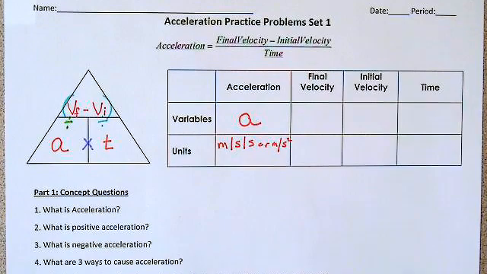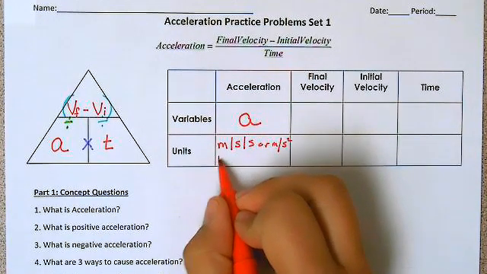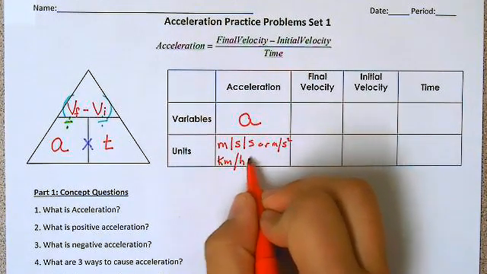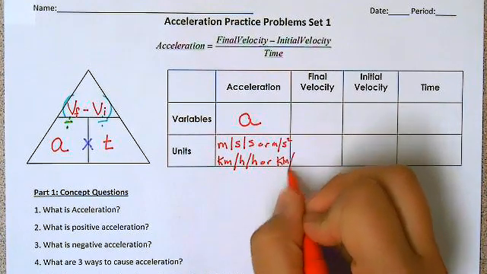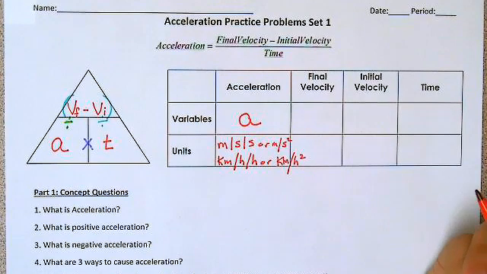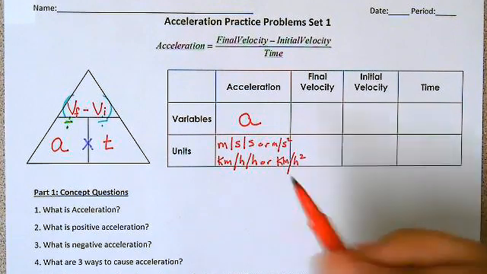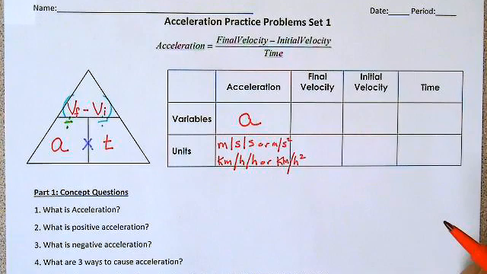It could be kilometers per hour, also written kilometers per hour squared. Or we sometimes see miles per hour since we are in America. And again, the time on that would just be squared.